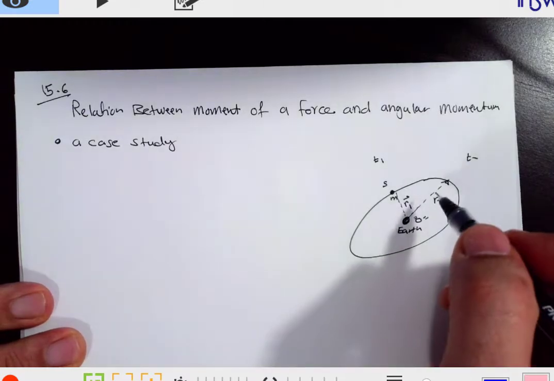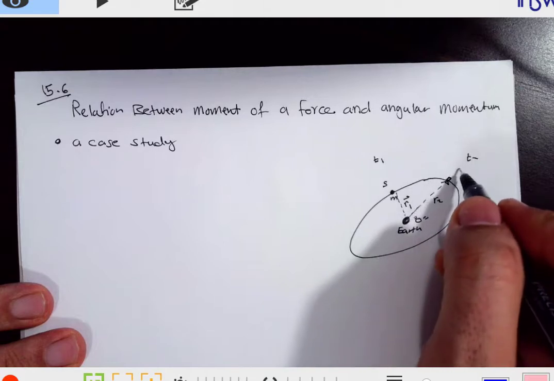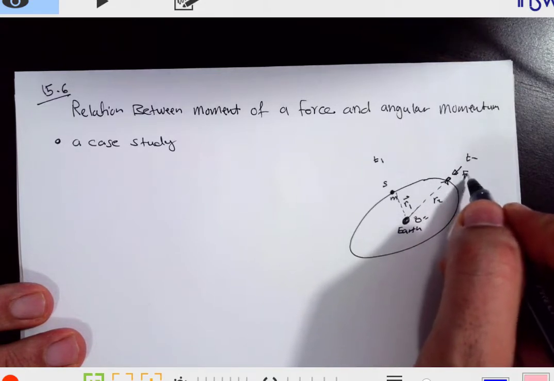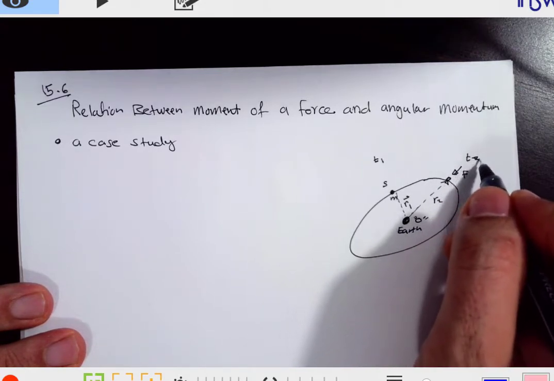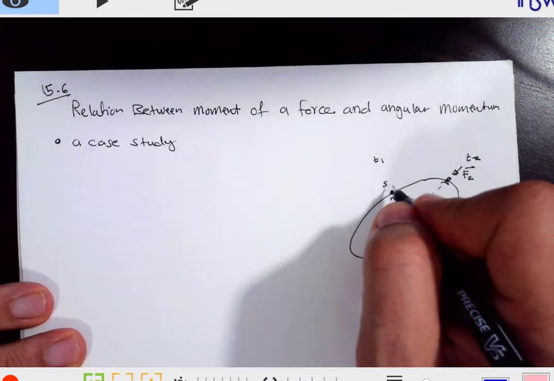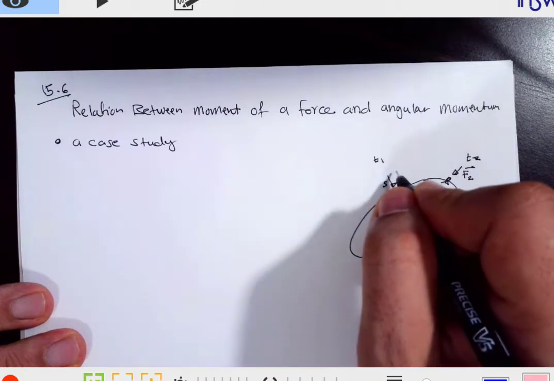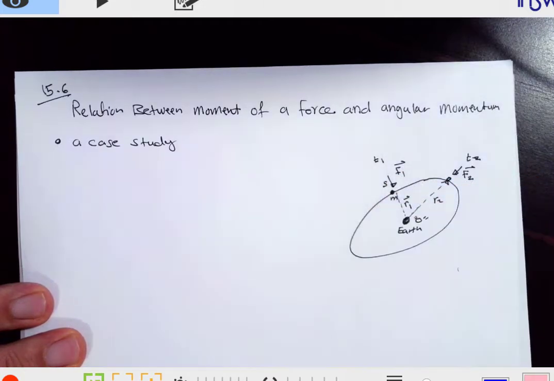Now we know there is an attraction force between the satellite and the Earth. Let's call this attraction force F. Since it's at location 2, I'm going to call it F2, and this is, again, a vector. And also there's an attraction force at location t1, it's F1.